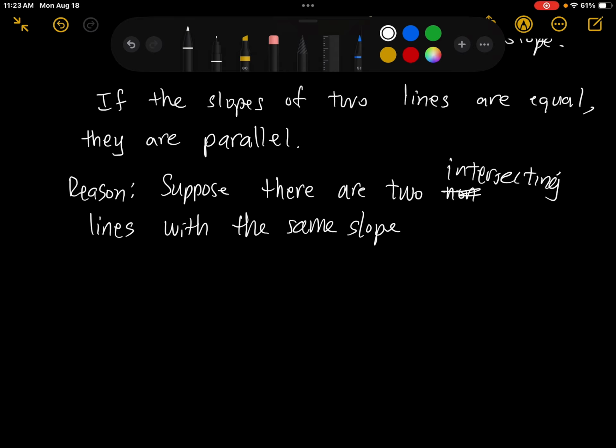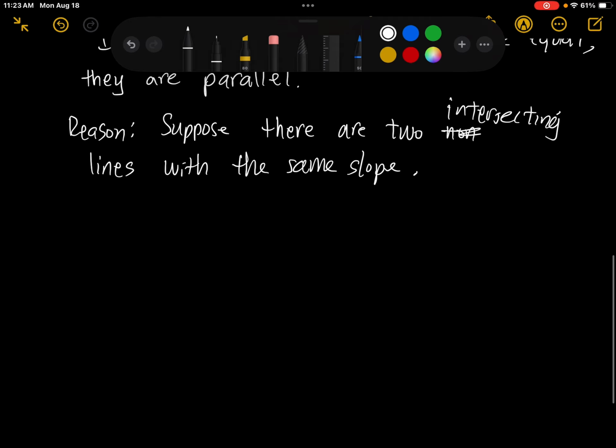So this is a proof by contradiction. We're going to suppose that there are two intersecting lines with the same slope and then see what goes wrong with that. What's wrong with having two intersecting lines with the same slope?